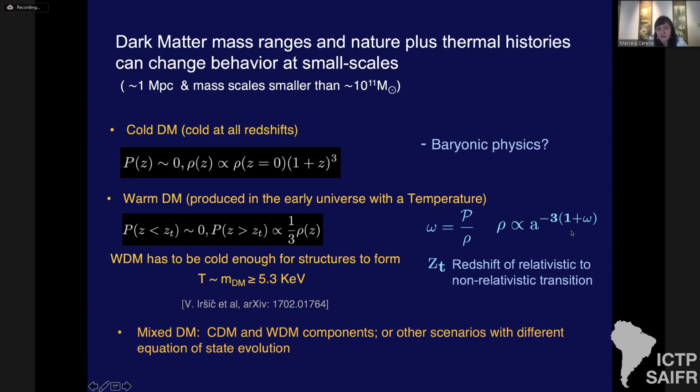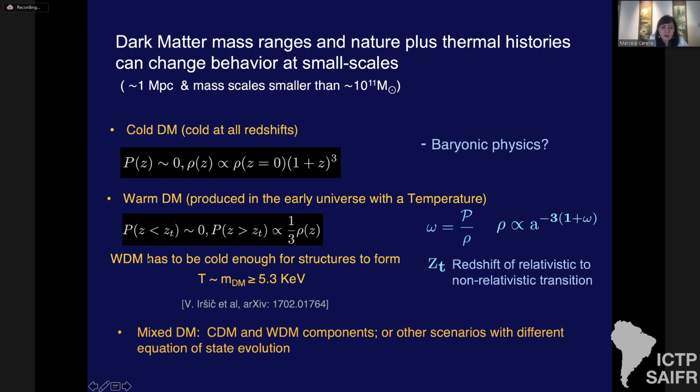And if you look at this value of omega being 1/3 and you put it here, of course, you see that you can go from when the pressure is 0, so the density goes like cold dark matter, to when the pressure is 1/3 of the density, this goes like a⁻⁴, so it's relativistic behavior.